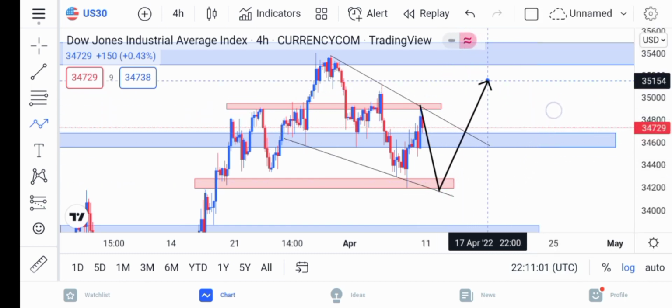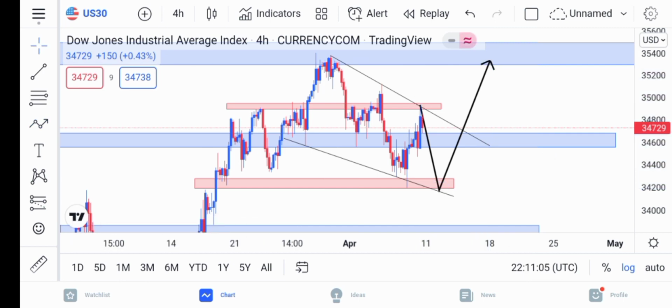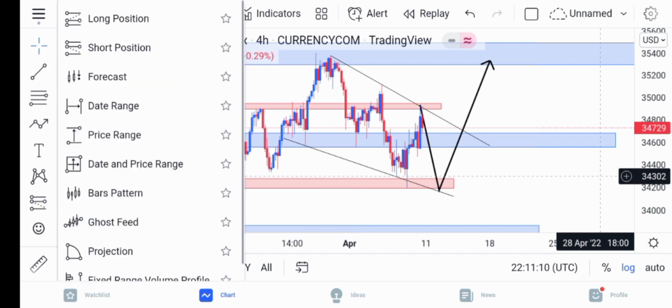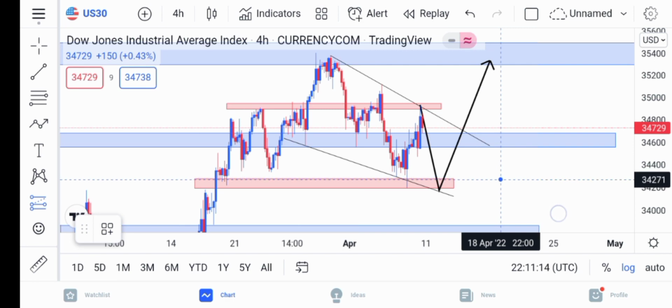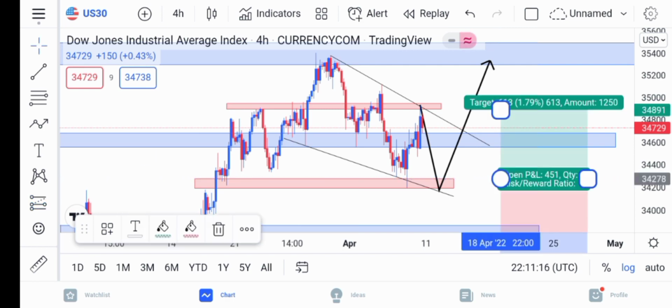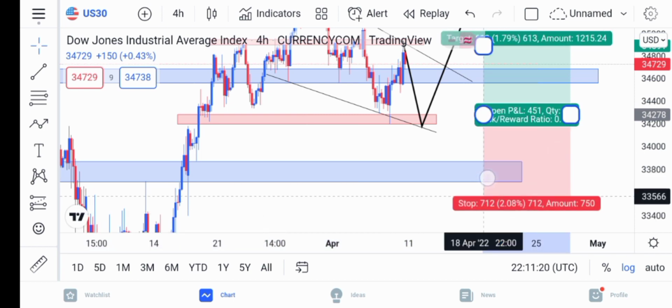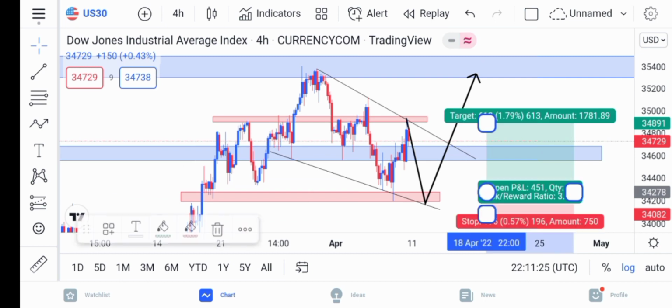wait for a push to the upside. So currently we're going to wait for this kind of movement to happen, and then we're going to buy around this area here. So the only way we're going to enter US30 is a long position from this point over here. The moment we see a lot of rejection happening around that area, we can simply say we are going for bullish momentum.